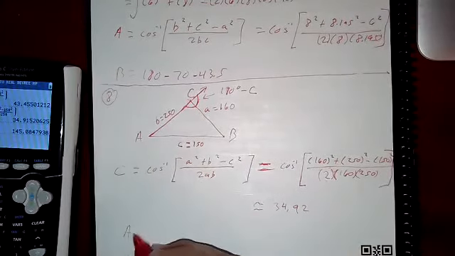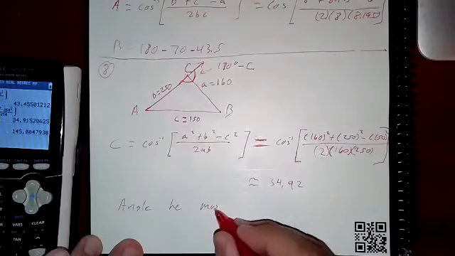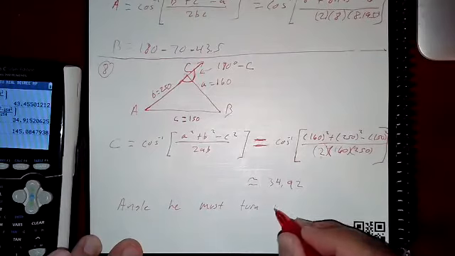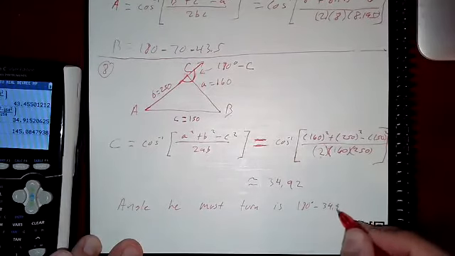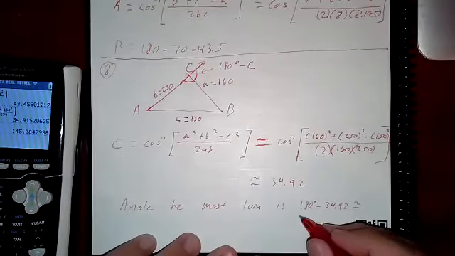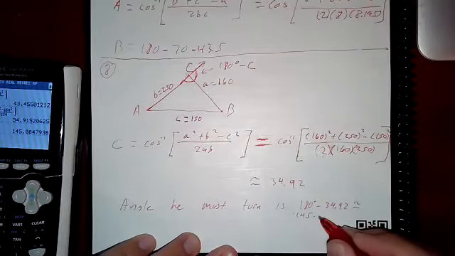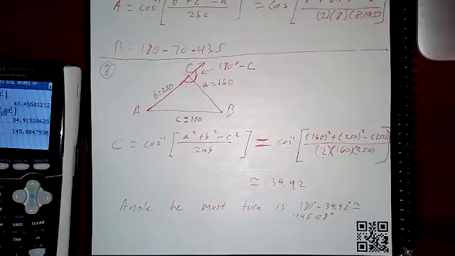So the angle you must turn is 180 minus 34.92, which is 145.08. Let's see if that's what they got. Oh, that's what they got. Yeah, 145.08. Yeah, C is the answer.